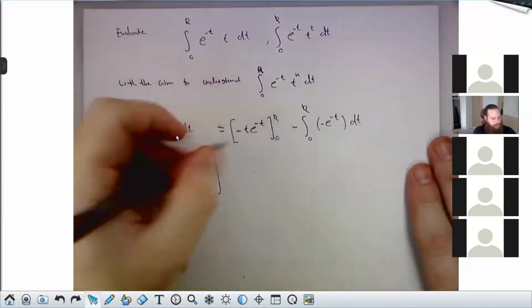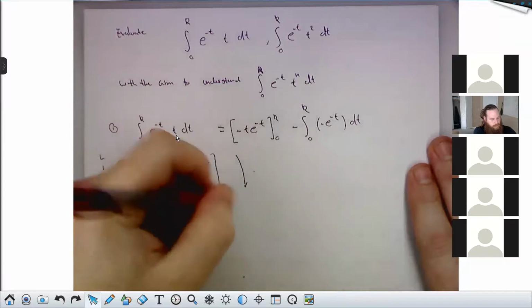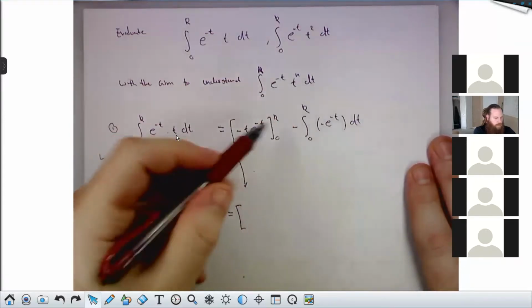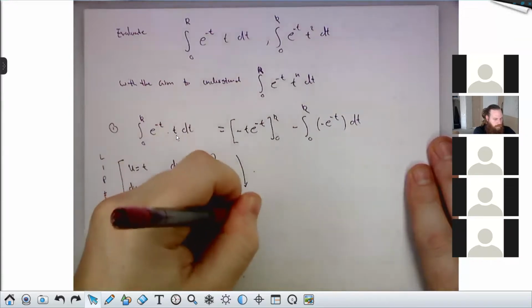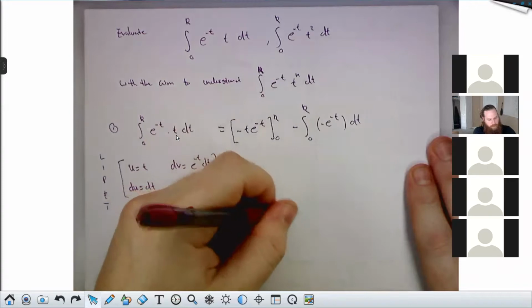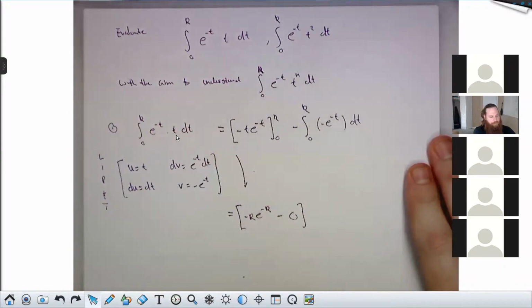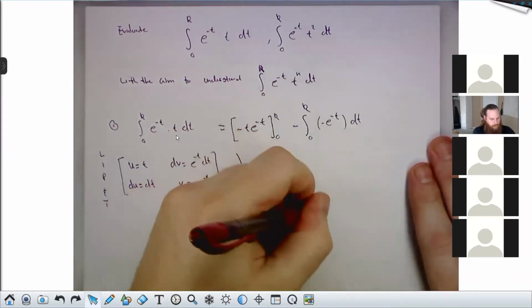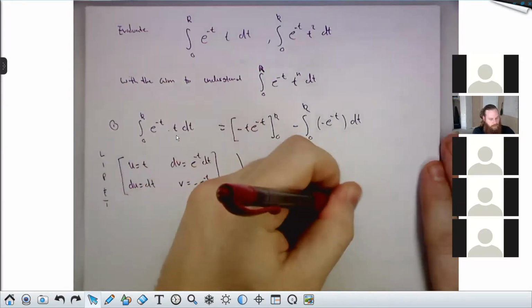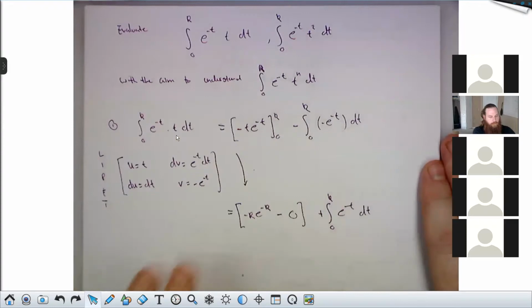Now, when we plug in 0 and r here, at the upper bound, I'll get negative r e to the negative r, and at the lower bound, I'll get 0. And this piece will become plus integral 0 to r e to the negative t dt.